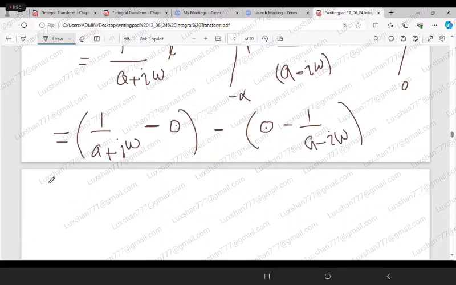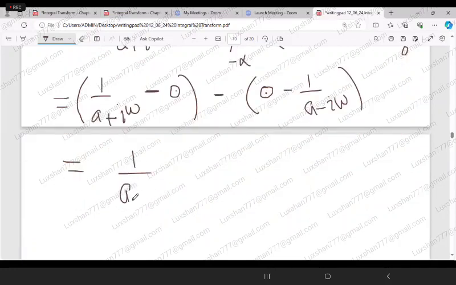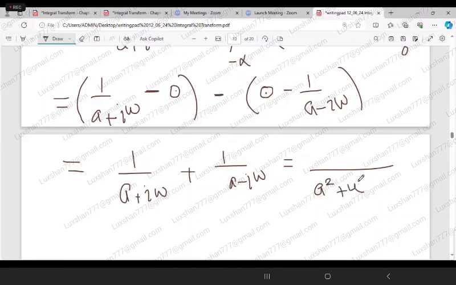Okay, so if I simplify this one, I get 1 over a plus i omega plus 1 over a minus i omega. These are conjugates of each other, therefore I will get a squared plus omega squared in the denominator, and in the numerator a minus i omega plus a plus i omega, so I will get 2a.